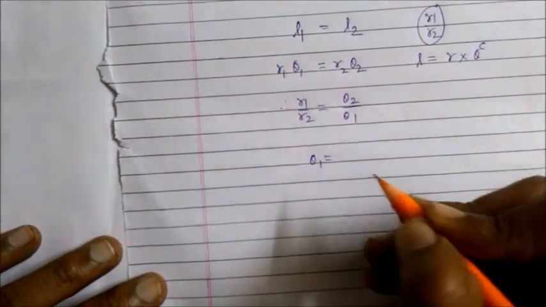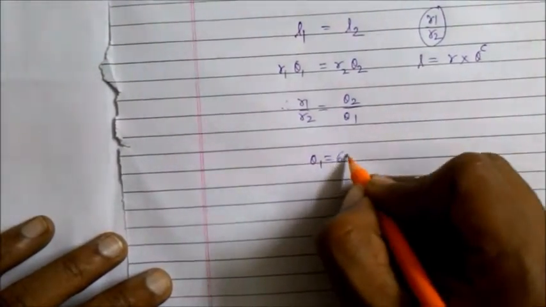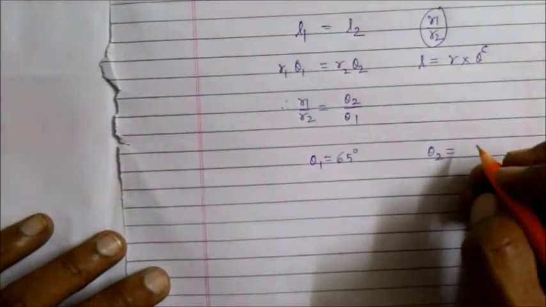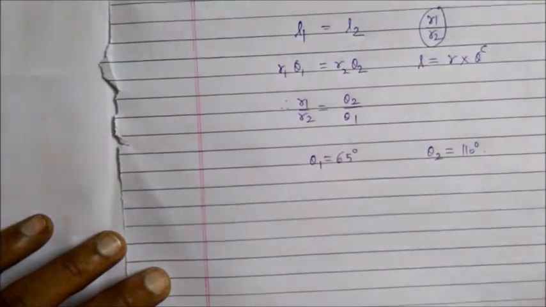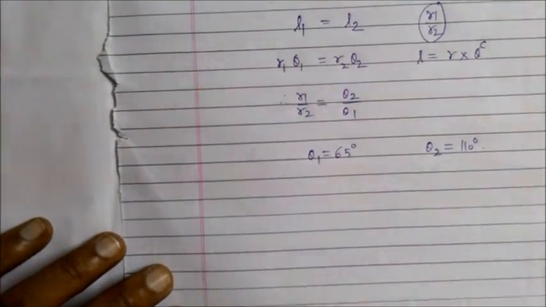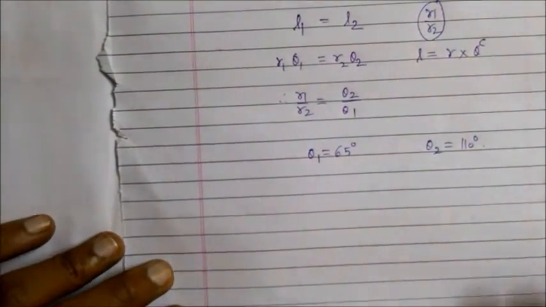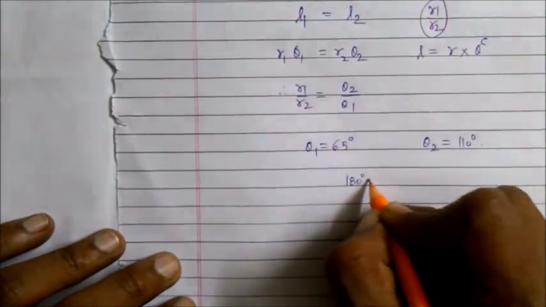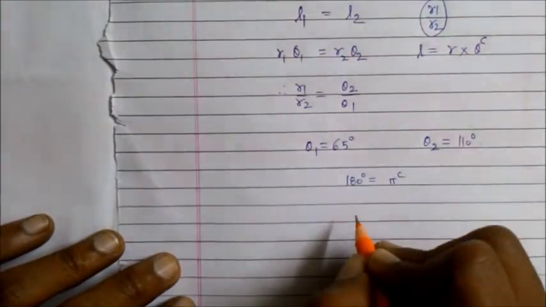So theta 1 is 65 degrees and theta 2 is 110 degrees. Now let us use the relation which I told you in the previous problem, and that is this: 180 degrees is equal to pi radians.